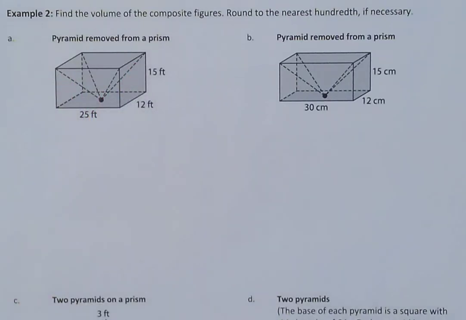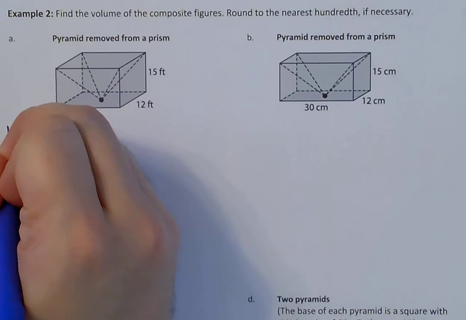So what we need to do is figure out the volume of the prism, figure out the volume of the pyramid, and then subtract those two numbers. First, let's figure out the volume of the prism.